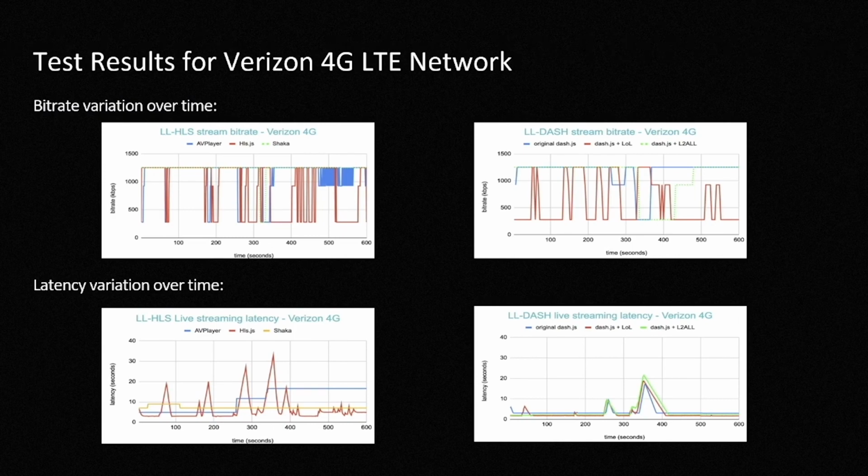What is also interesting is the variation of latencies that we have observed with the system. And this is where the difference between client implementations manifests itself even further. For instance, for low latency HLS, we could see that some clients have pretty advanced logic when they try to stay at a low latency regime as long as they can, but if they can't, for example because of a drop in network condition or some other characteristics that tell them that they cannot sustain it, they fall back to longer latency points.